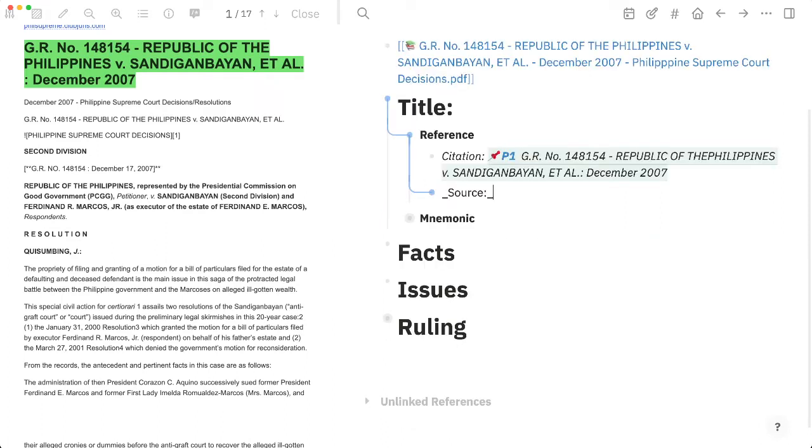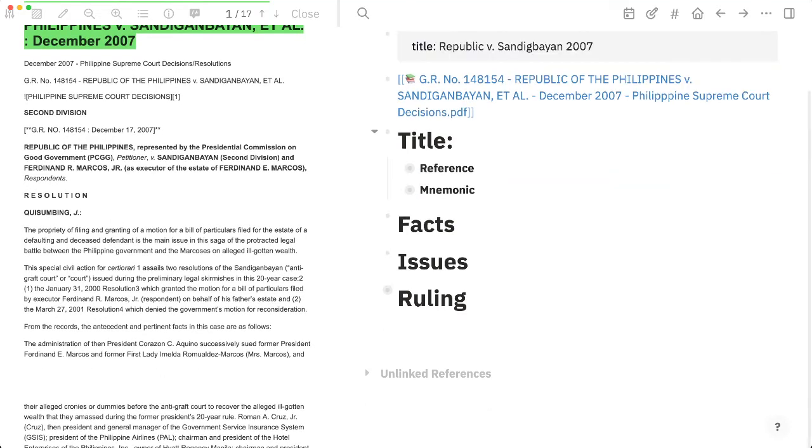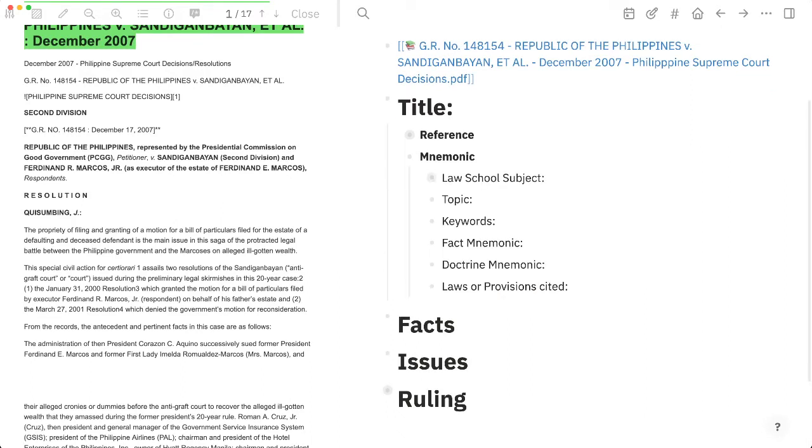Of course, this is online from that particular website. Okay, and mnemonic, wala pa akong mnemonic, but this one is from our civil procedure topic. I'll check civil procedure, and I think it's rule 12, bill of particulars. And then nasa section 1.